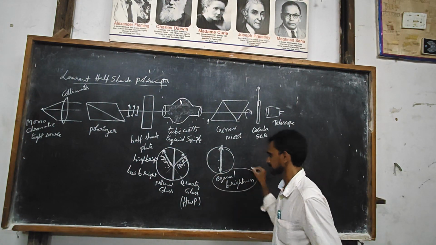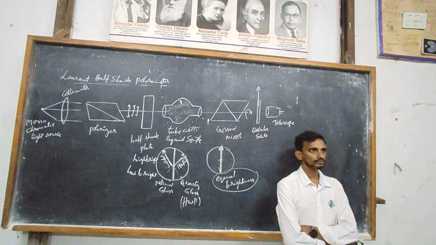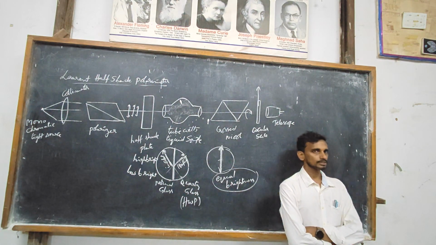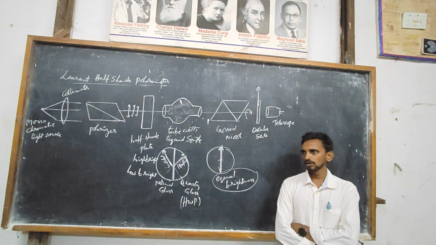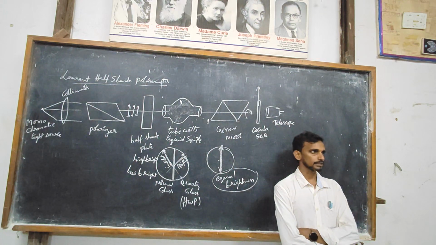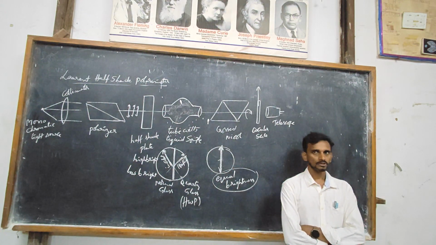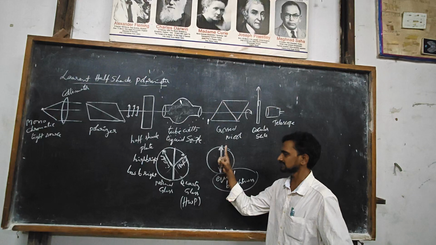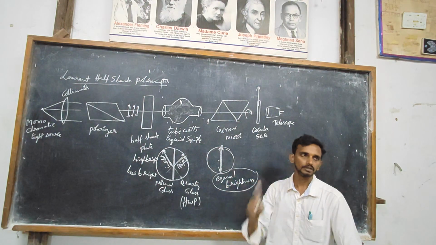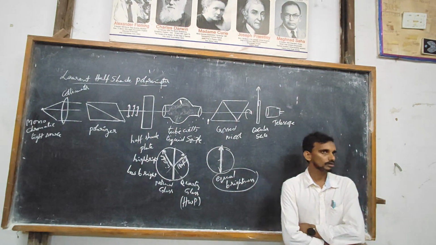So we will see equal brightness. So this is just to fix the orientation of the incident light. So we are ensuring the incident light ray is exactly coming along the vertical direction.